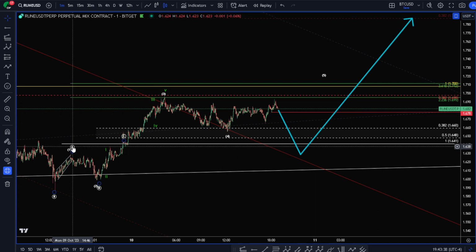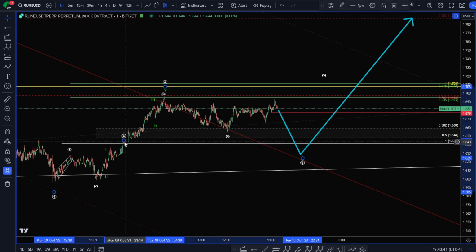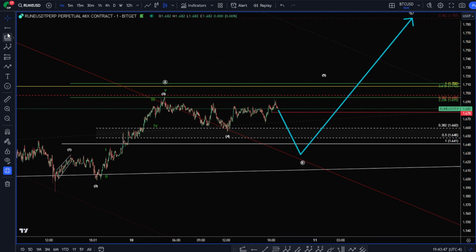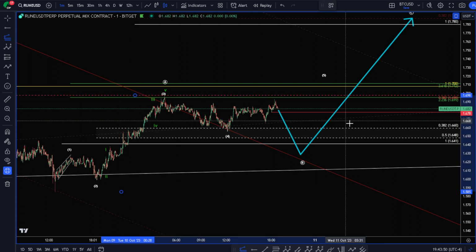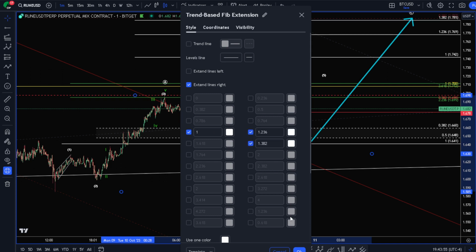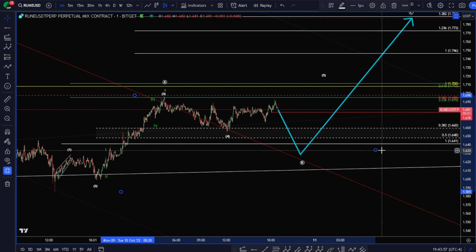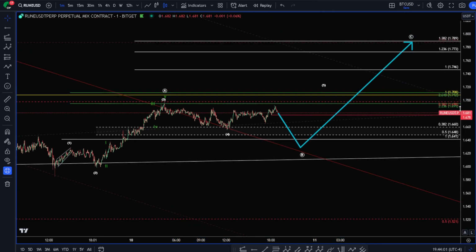Where this would just be an A, B, C. And we can probably pull some fibs, see where that would likely come to. Probably hit between the 1.236 and 382, and that would get us right up to that 382 area, which is the red dotted line up here.